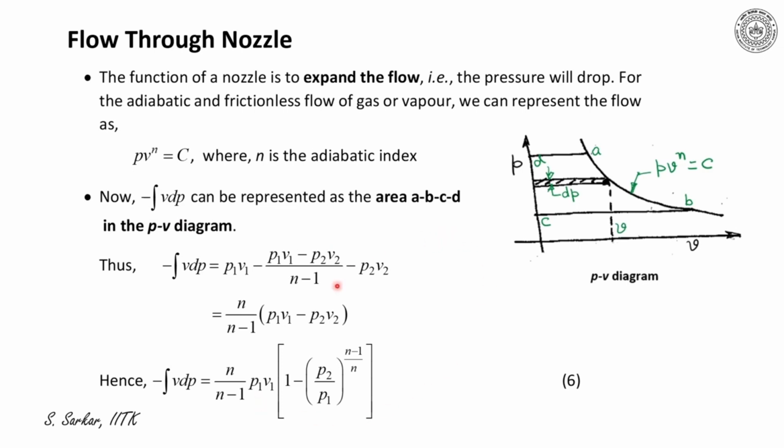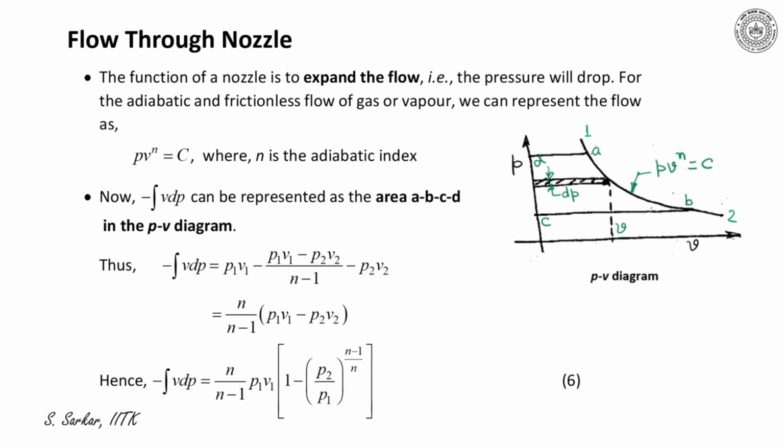Let me explain. Let me take a pen. So what I have told, 1, 2 indicate the process PV to the power n is equal to constant, and at any point V, let us consider dP, which is presented by a hat region, is the change of pressure.